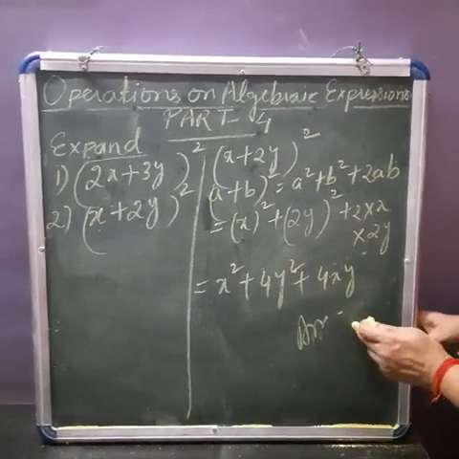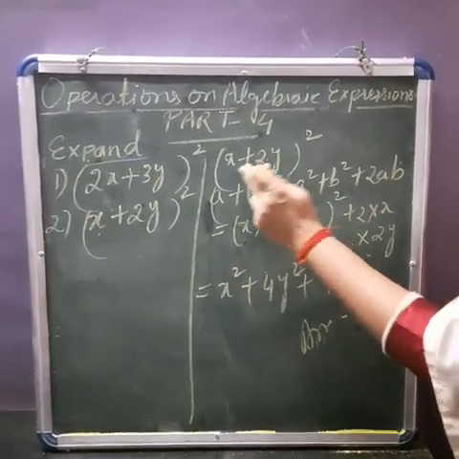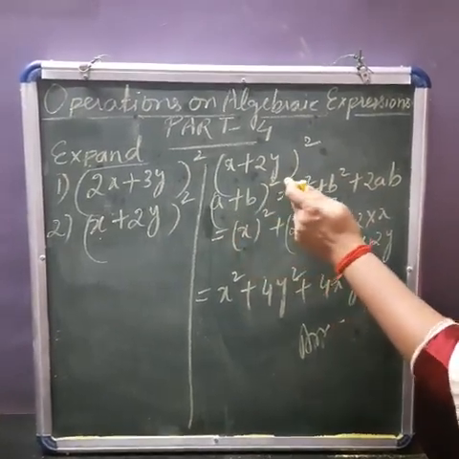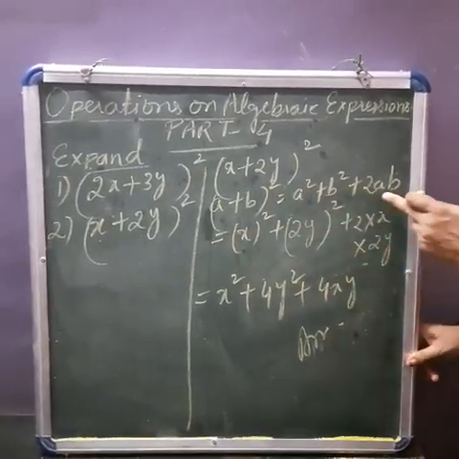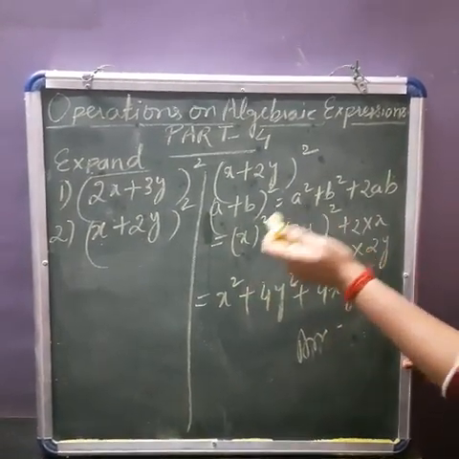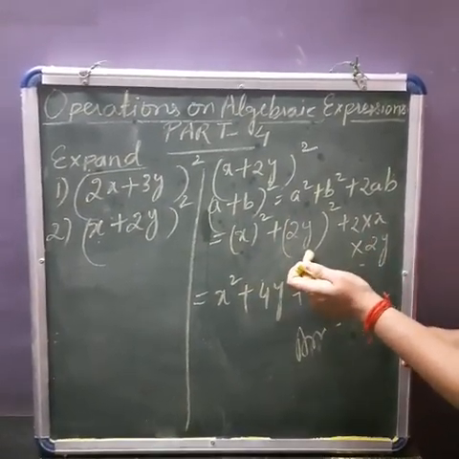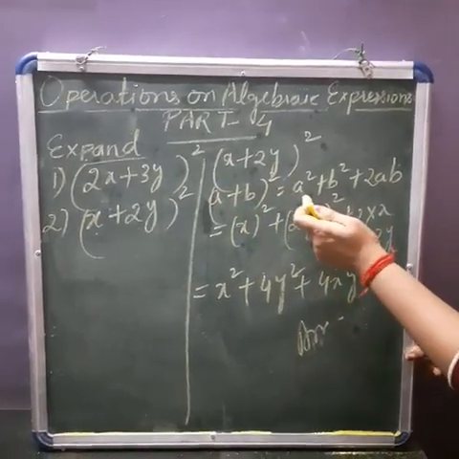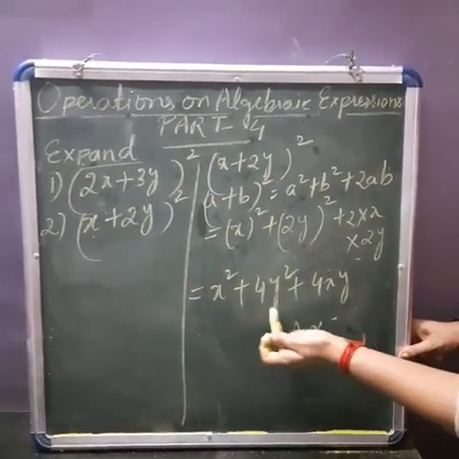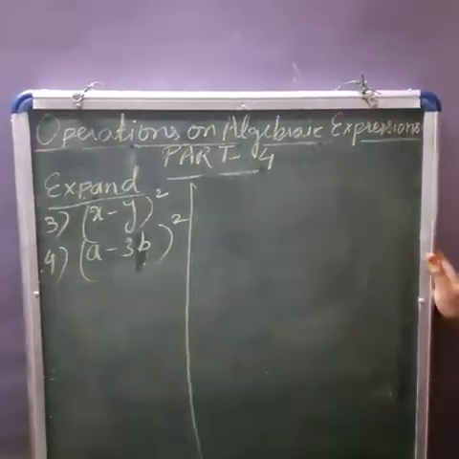Now it should be clear to you that for expansion of this bracket we will use this identity (a + b) whole square is equal to a square plus b square plus 2ab, and we will be putting the values for a and b. Value of a we have taken x, value of b we have taken 2y, and you will solve it like this.